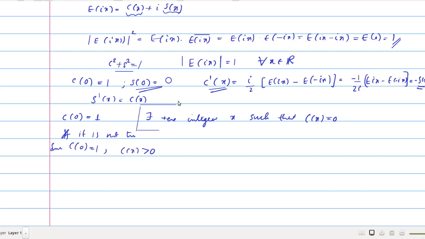We know that c is a continuous function, and we already know that c of 0 is equal to 1. If there exists any value at which c is negative, then in between those two values we can get a 0.